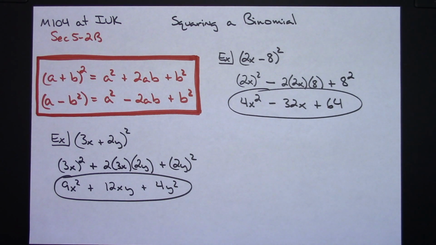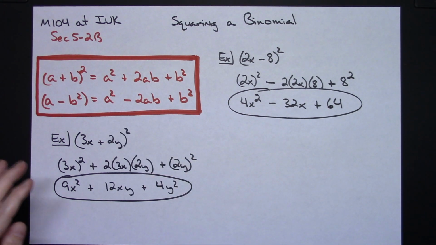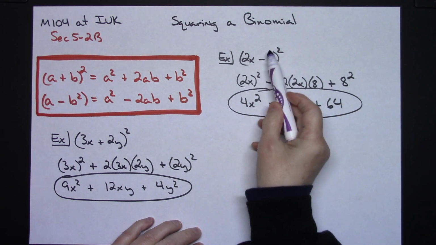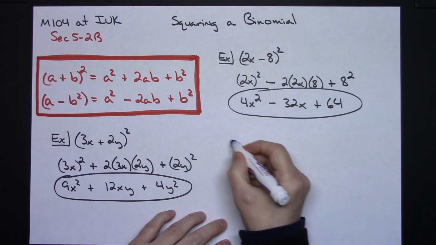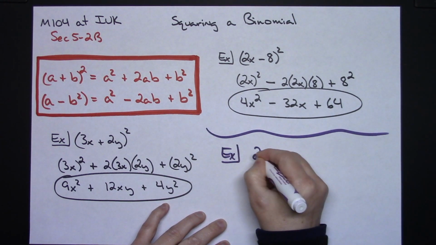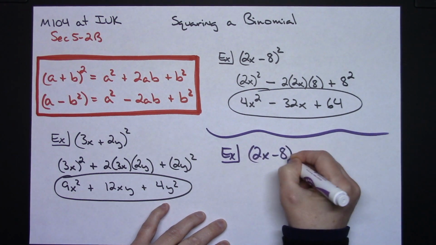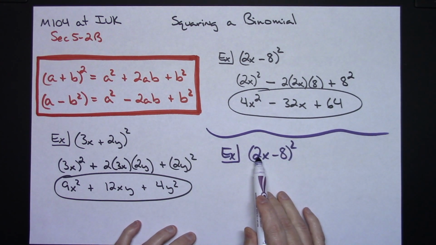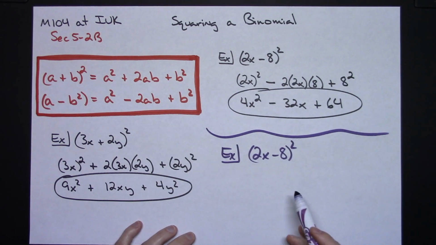Now, let's suppose that you don't memorize these formulas and you're just looking at this from a mathematical standpoint here. Alright, this quantity right here, let's just do it again here. Let's do 2x minus 8 quantity squared. If you understand what a quantity squared means, it means you're taking this base and multiplying by itself.